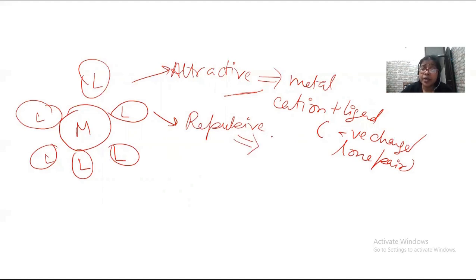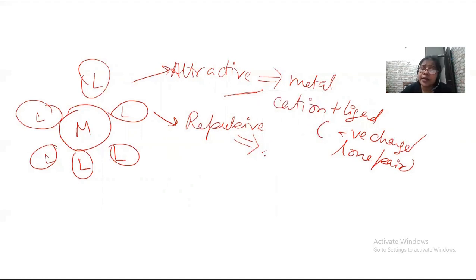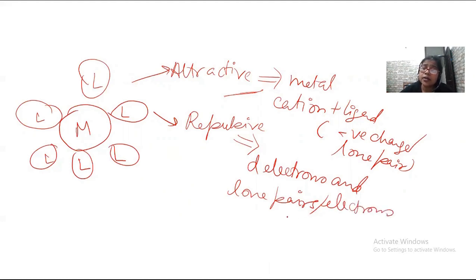Similarly, there is another repulsive force that is happening between the d electrons and the lone pairs or electrons over ligands, right? Now what happens is at one point of time, this repulsive force becomes greater than this attractive force, okay?